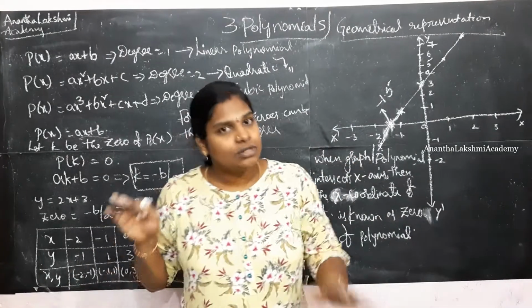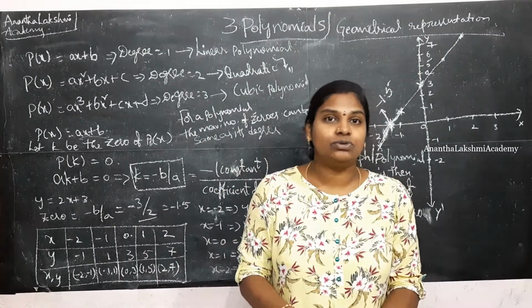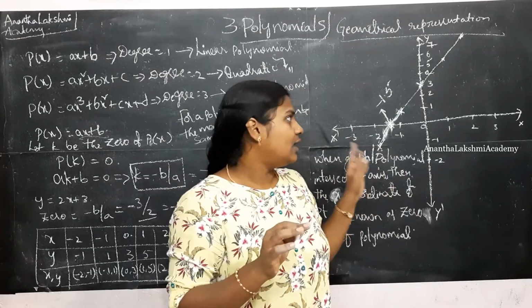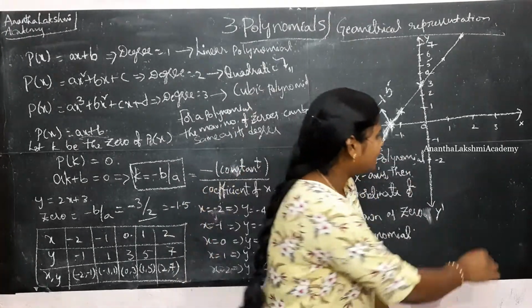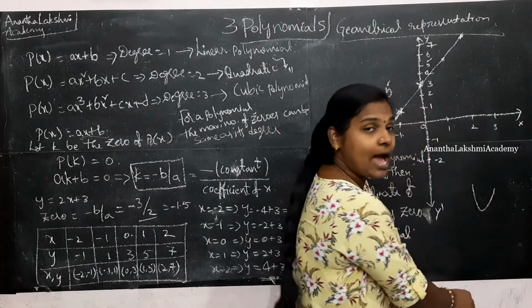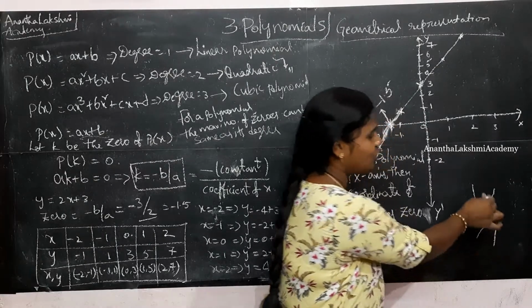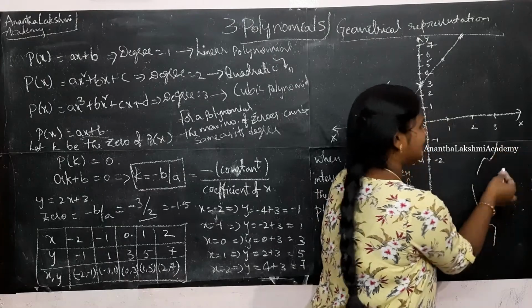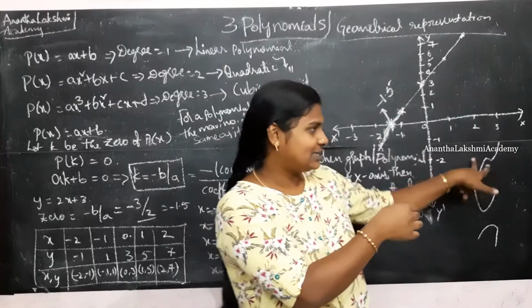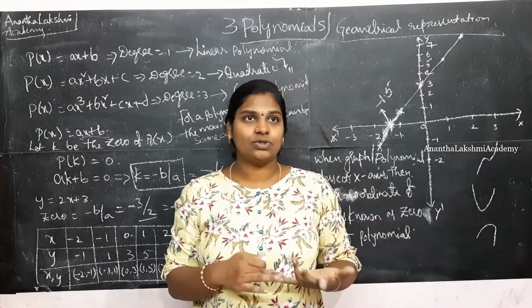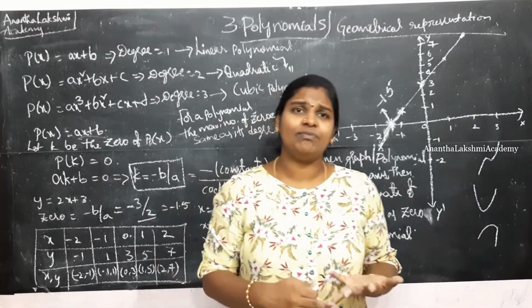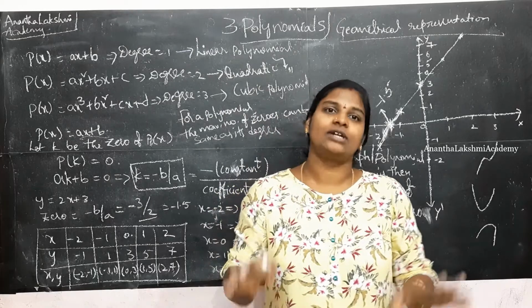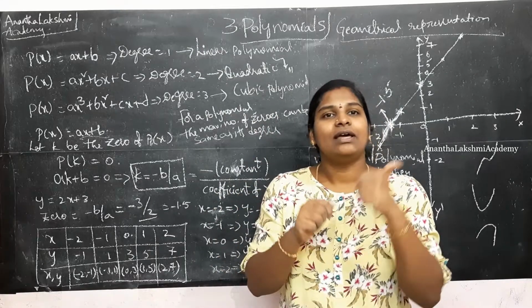So just pause this video here and go through the examples, how the graphs are drawn exactly. For quadratic polynomials, you will get parabolas, up curves or down curves. This is what you will be encountering. And for cubic polynomials, you will have some sort of symbols like this. So there may be 2 or 3 zeros for cubic polynomials as well. So just pause this video here, go through that concept and unpause this video.